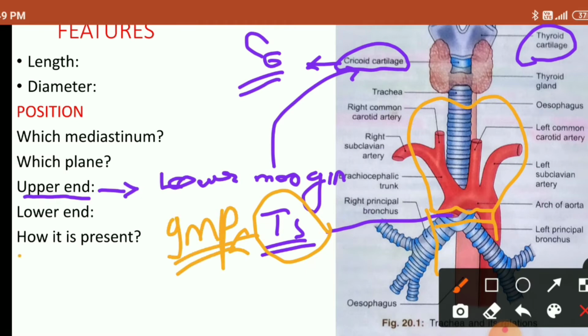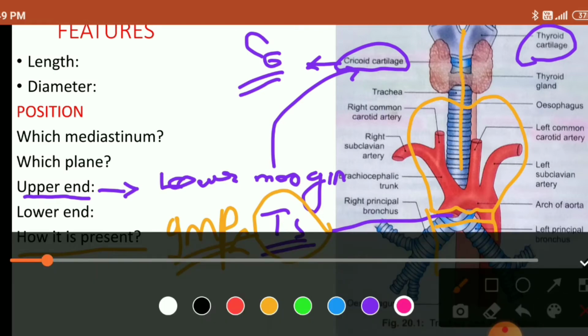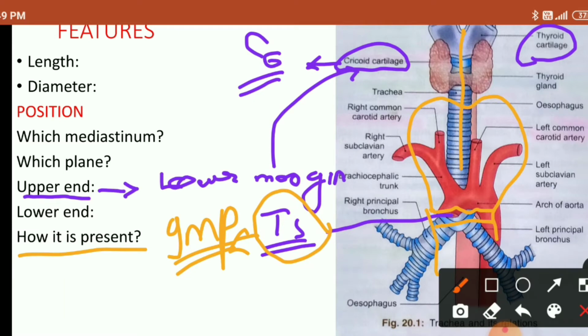Now, how it is present, we already said basically it is present in the midline and on the median plane. But one thing you have to remember, that although it is present on the midline, on the lower part it slightly deviates to the right.